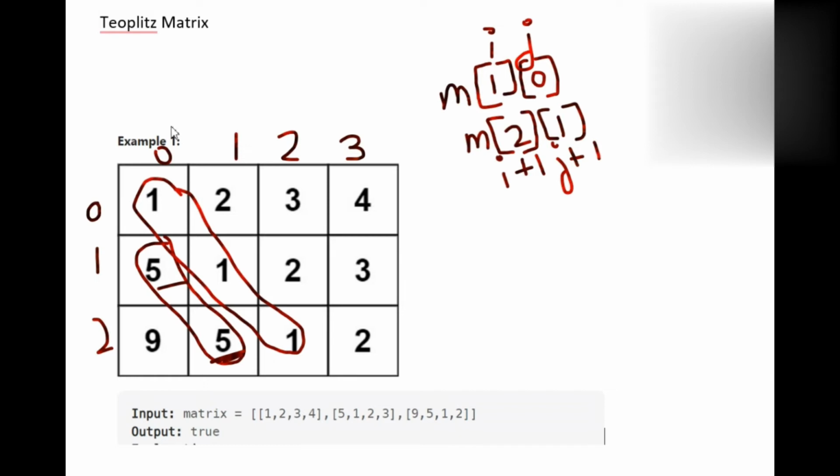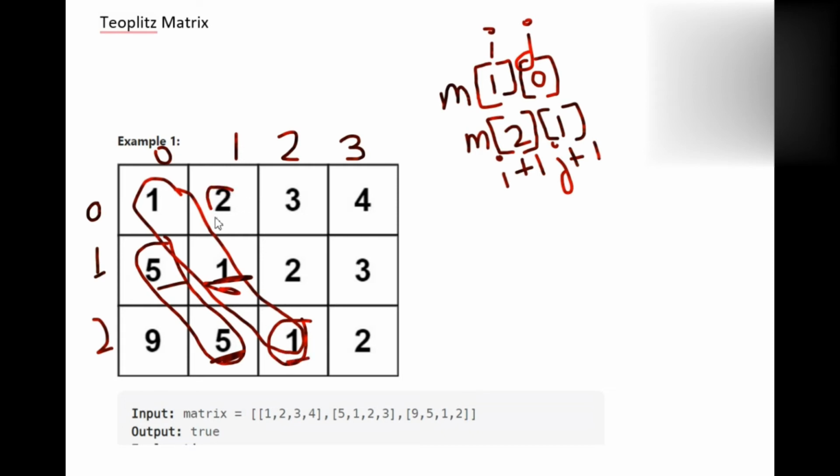We can say the index is 0 0 and this one's index is 1 1. So 0 plus 1 is 1, and here also 0 plus 1 is 1. For this element the index is 2 2. So from this position, if we add 1 to both indices, we get this.